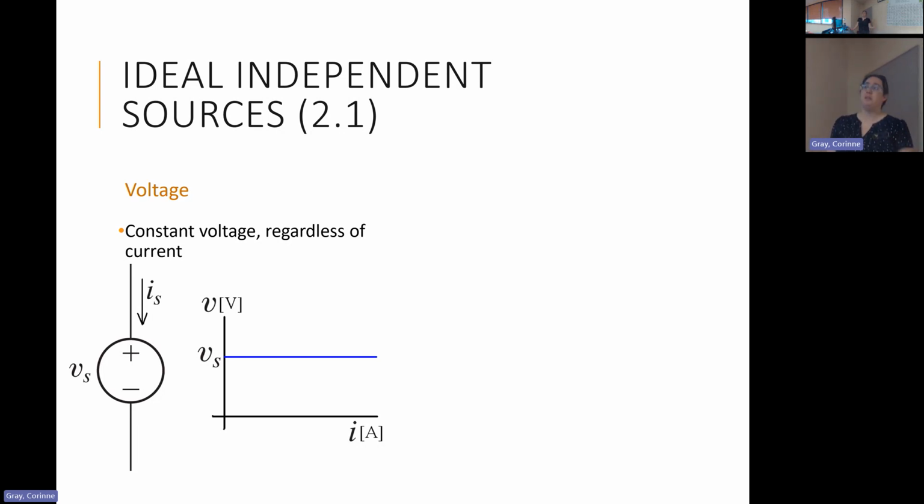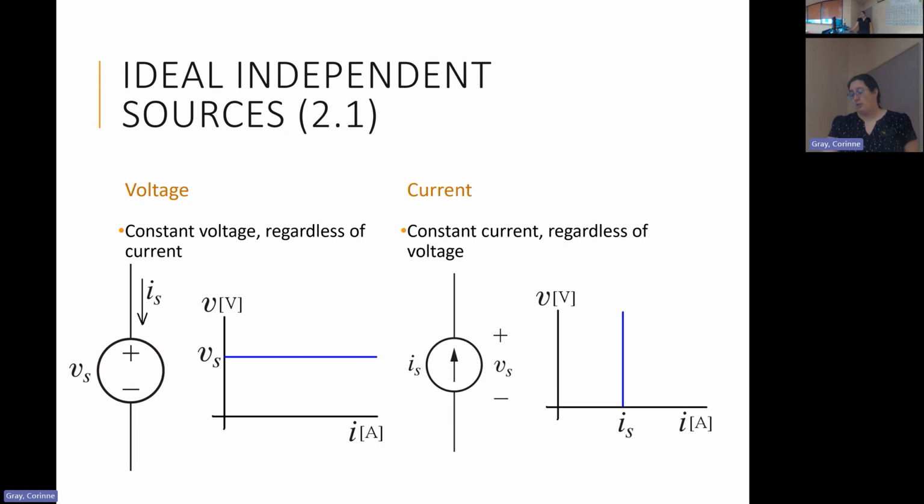The current becomes different. With our current sources, again, when we want to generalize these, they are just a circle with an arrow in them. The arrow tells us which direction the current is going to flow. In this case, it's going upwards, and we have some voltage across it. And so here, if we look at the graphs, on the left for our voltage source, the X direction is the current, so that can change, but the voltage remains constant, which is why it's a horizontal line.